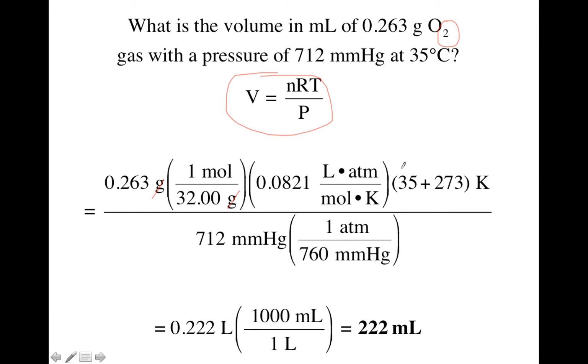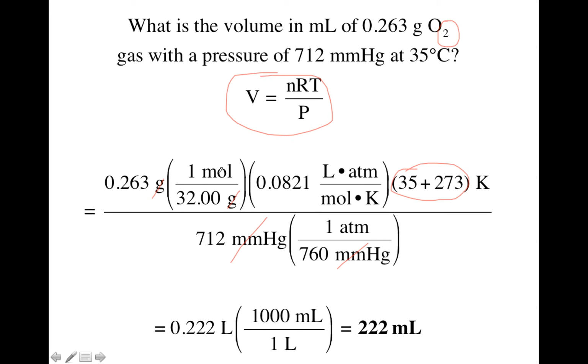R is a constant. Temperature needs to be changed to kelvins by adding 273, and the pressure was given in millimeters of mercury. It's supposed to be in atmospheres, ATMs, so this time we're going to divide by 760 or multiply by 1 ATM over 760 millimeters of mercury to get rid of millimeters of mercury and convert it to atmospheres.